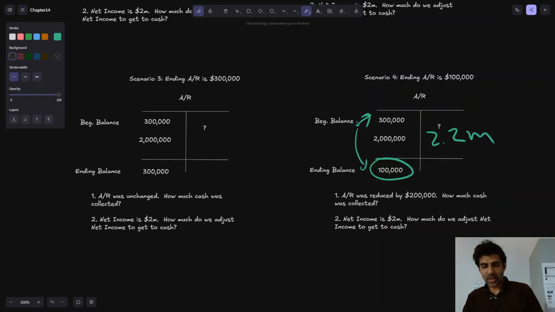To go from net income of 2.2 million, we need to do a positive adjustment to cash for the decrease in the current asset. I'm hoping conceptually you understand that using the changes in the current assets and current liabilities does relate to reconciling back to cash.